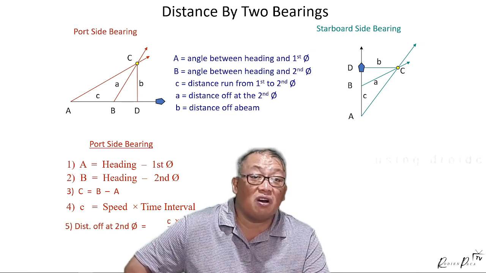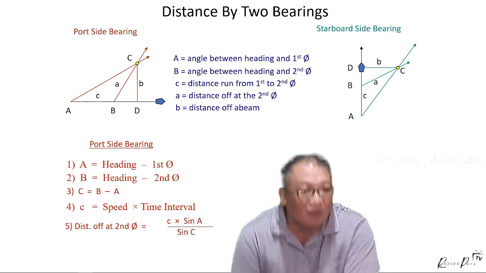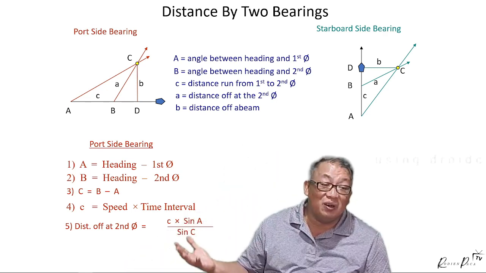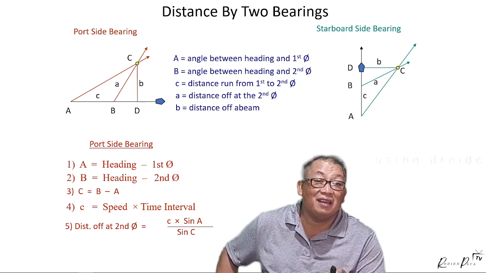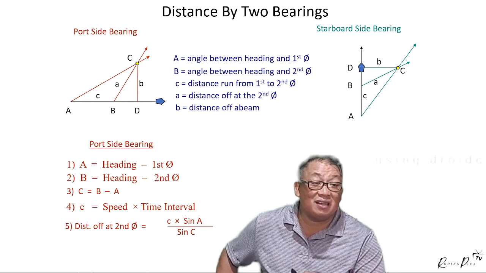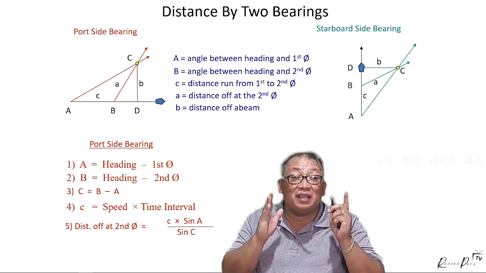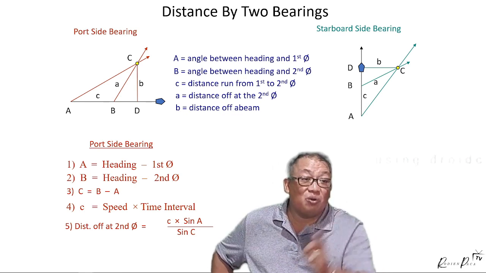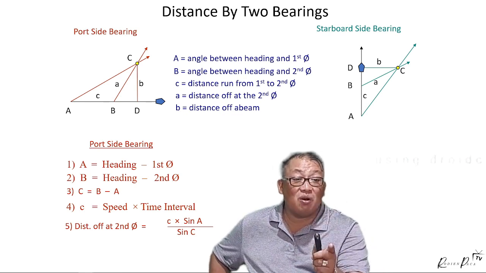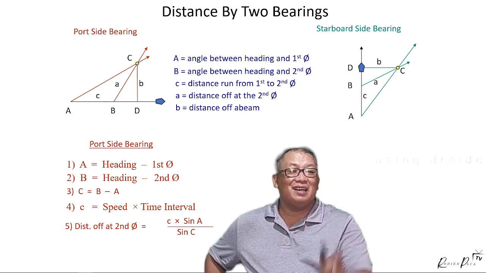Then the distance of the second bearing is actually a sine law. Why is it a sine law? Because it's small letter c times sine A over sine big letter C. In our example later on, after this principal explanation, I will show you a solution where you don't need to memorize this formula.